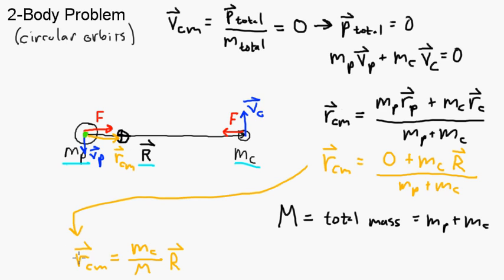So the distance between Pluto and the system center of mass is this R_CM, and that's just M_C over big M times the length of this big R vector, which is the distance between the centers of Pluto and Charon. That's simple enough. So that's our position of the center of mass.